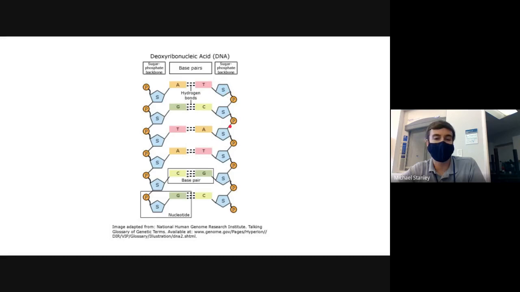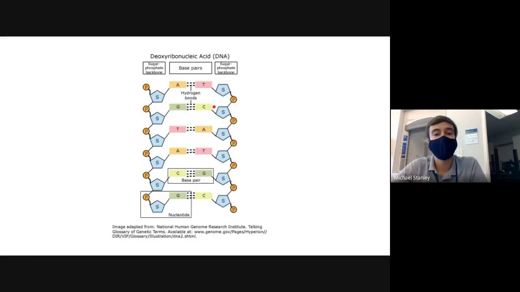And then all the sugars on the other side are flipped around and pointing down. So this is something that'll come into play more next week, but I just wanted to introduce it to you guys right now, is that the two different strands of DNA run what's called anti-parallel to each other. So they're not like mirror images. If one is going up, then the other one is going down. And so that's why you see the sugars and the phosphates in a little bit different orientations here.